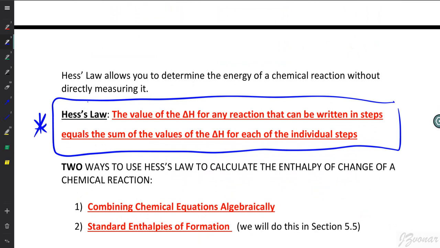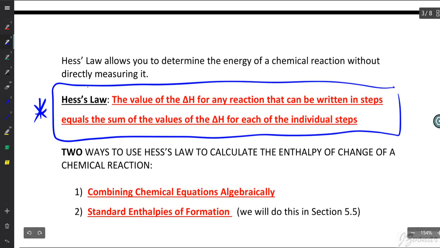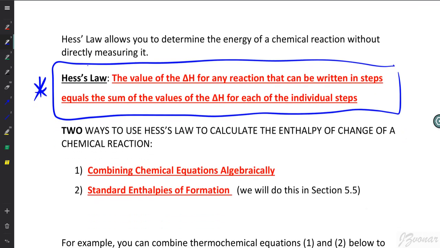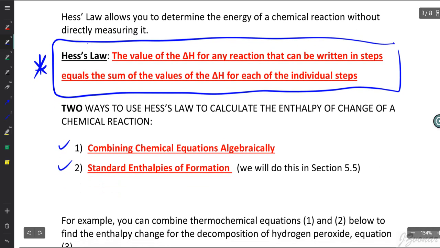After performing many experiments, it didn't matter which reactions we looked at, this law applied. Now we can use this law to calculate the enthalpy change of any reaction using two different methods. Today's method is combining these equations algebraically. And in the next lesson, we're going to look at how the standard enthalpies of formation are used, as well as Hess's law.